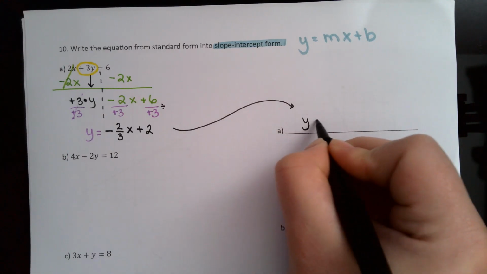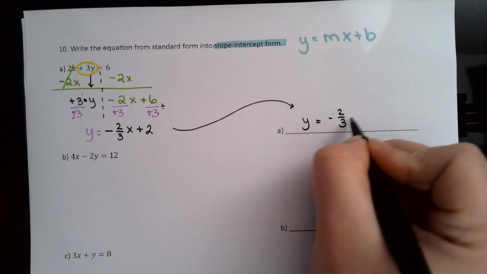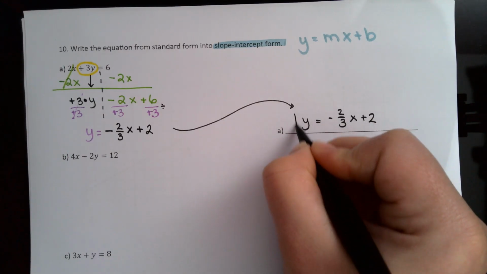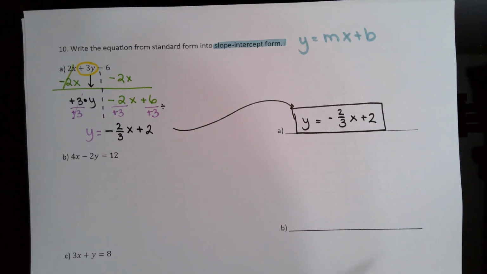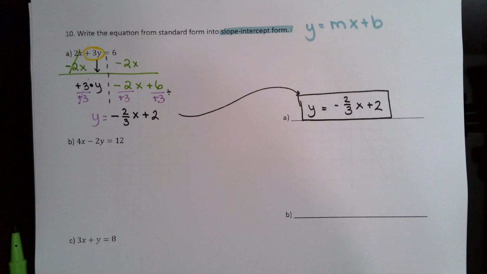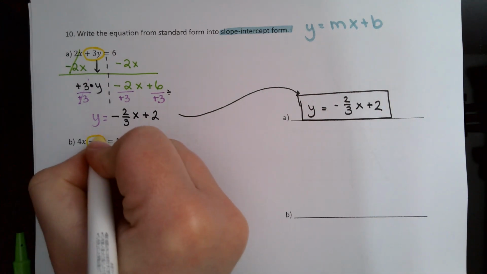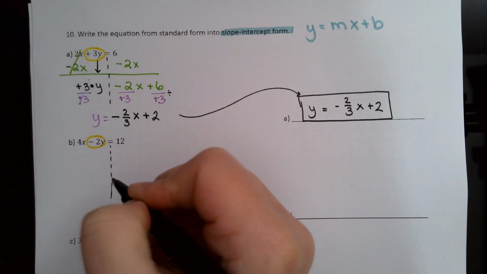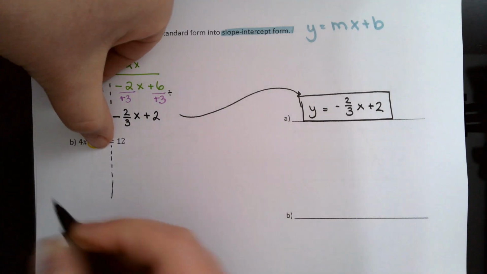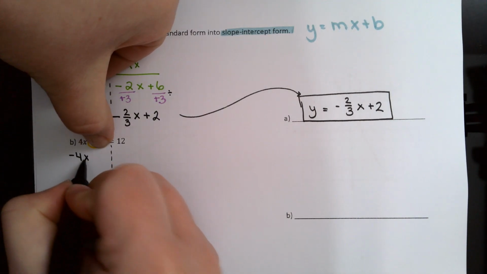And so you're going to have these steps over and over and over. First, you're going to move the x's, then you're going to divide. Let's try this again. Let's go ahead and circle our y. So here's our y, dotted line for balance. Take your finger, cover the y. I'm going to move the x.